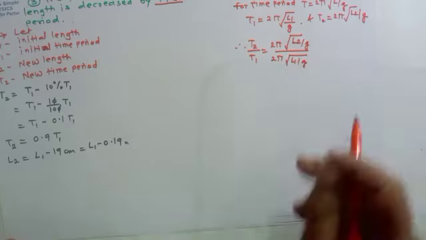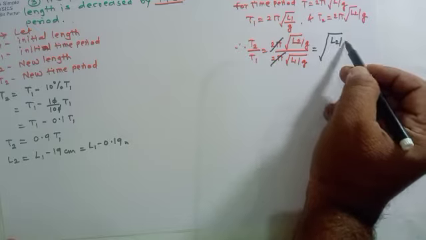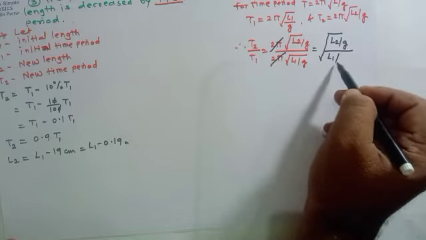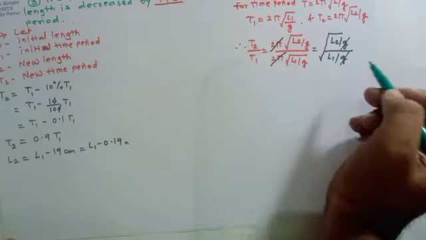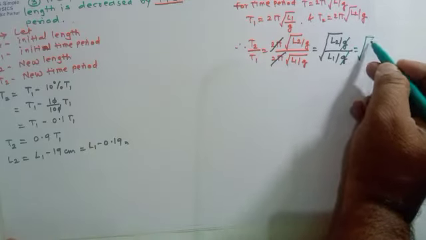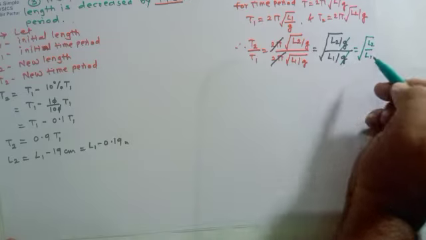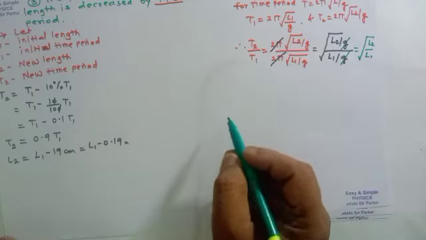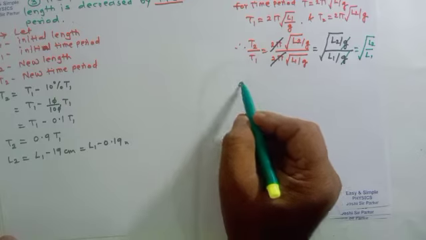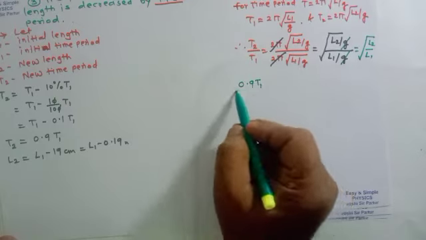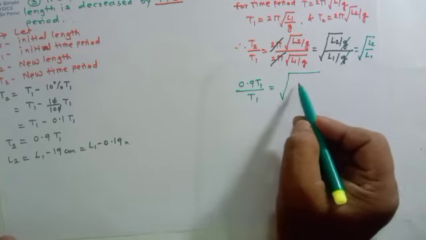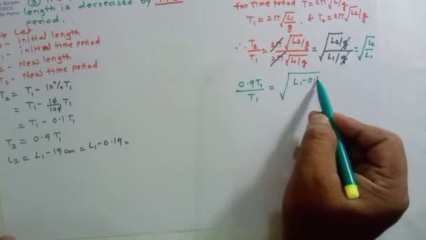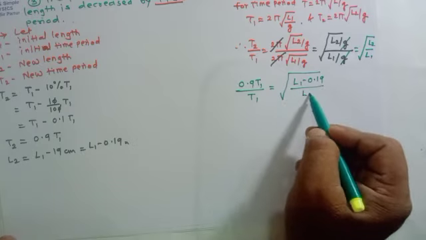The 2 pi cancel, and g cancels, so it is square root of L2 upon L1. By substituting the values, T2 is 0.9 T1 upon T1, and the square root of L2 upon L1 is L1 minus 0.19 upon L1.